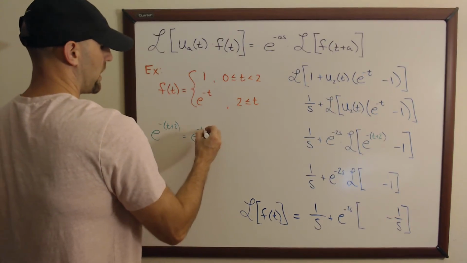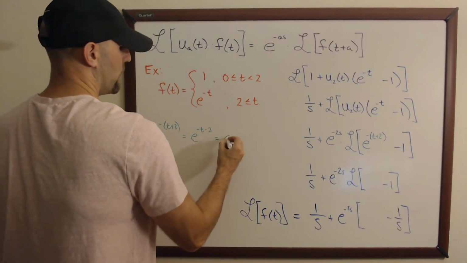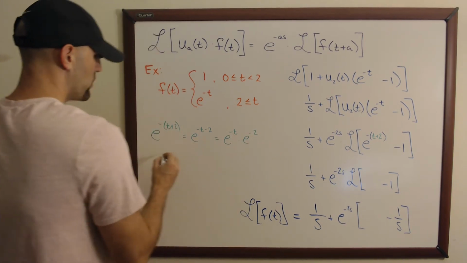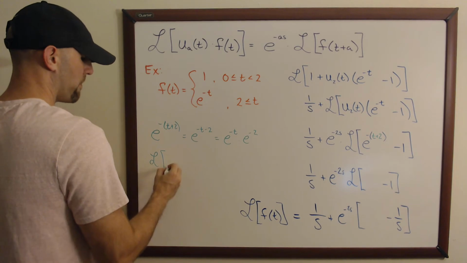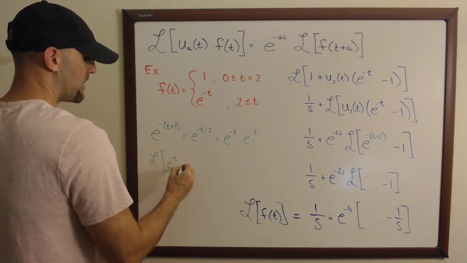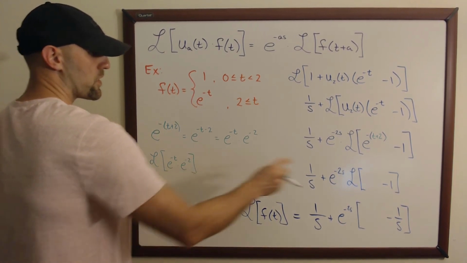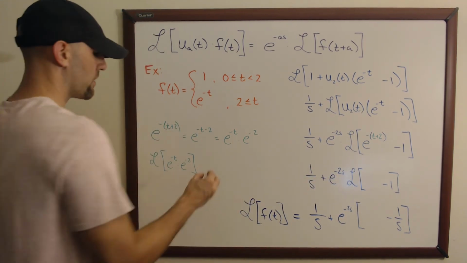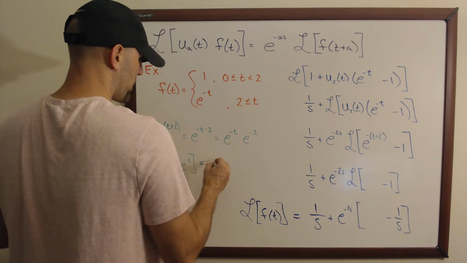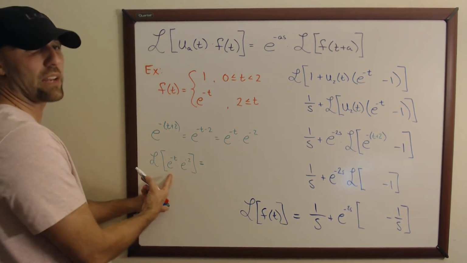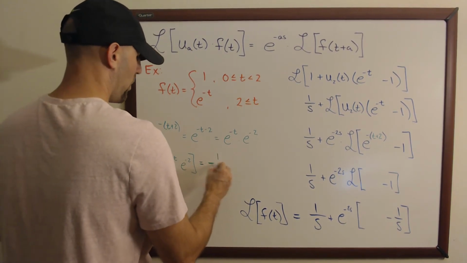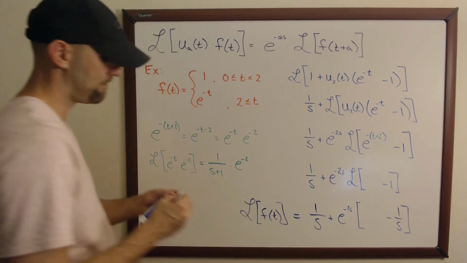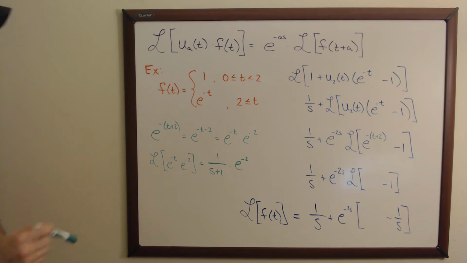That's e to the negative t minus 2, which is e to the negative t times e to the negative 2. So if I want the Laplace transform of e to the negative t times e to the negative 2, so this term here, okay? Remember, e to the negative 2 is just a constant, right? So this is just the Laplace transform of e to the negative t, that's 1 over s plus 1 times e to the negative 2. Okay? This ends up being a scalar.